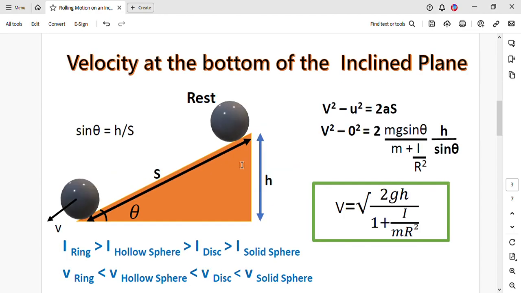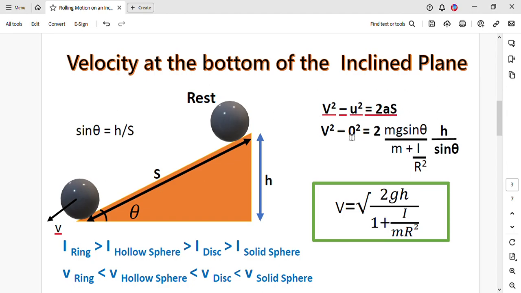Now next, we come to the velocity at the bottom of the incline. Here the body is at rest and we have to calculate the velocity at the bottom of the incline using the equation v square minus u square equal to 2as. V is the final velocity, u is the initial velocity, a is linear acceleration, and s is displacement.